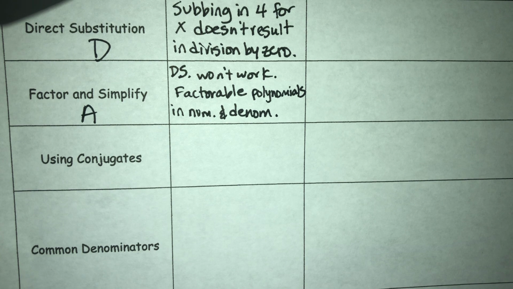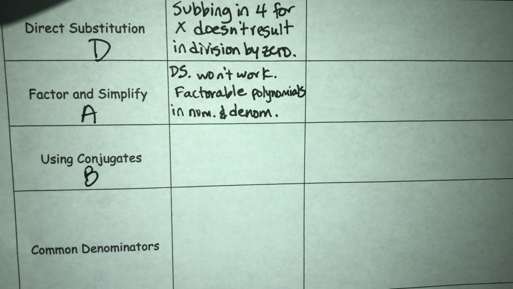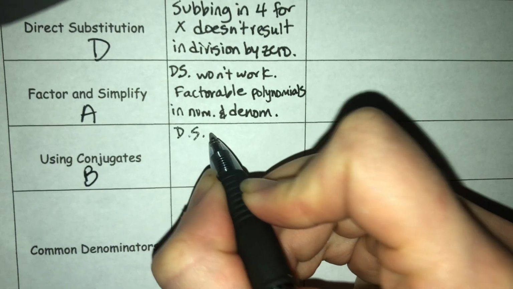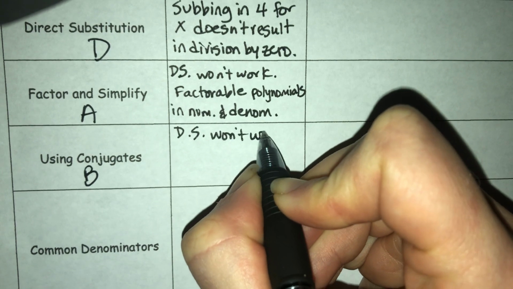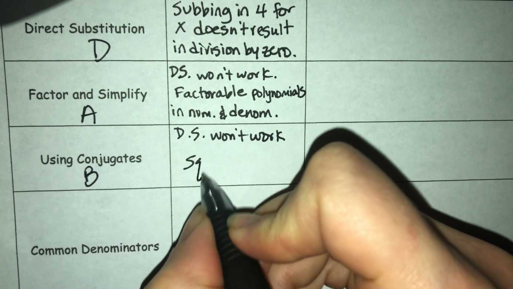All right, conjugates method. Which one's the conjugates method problem? B. I bet you got B. Direct substitution won't work. And I see a square root.